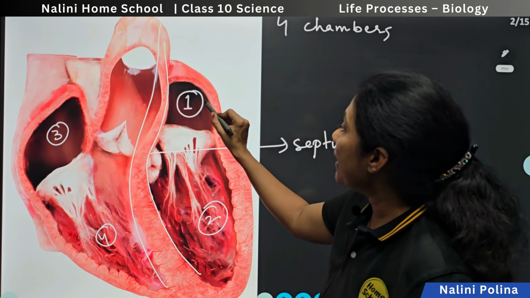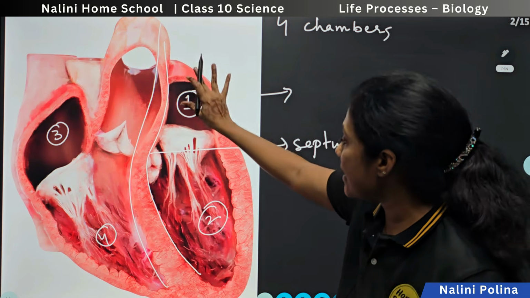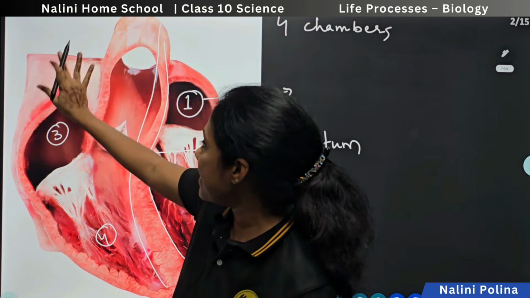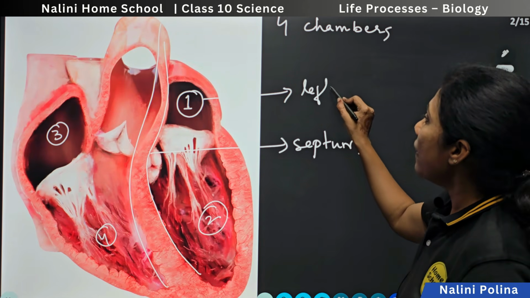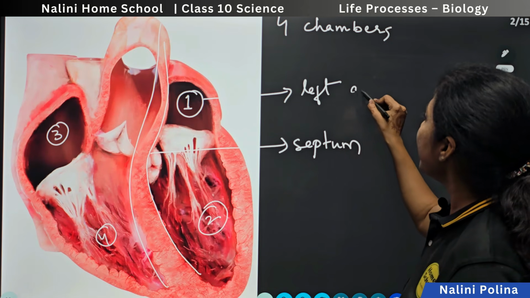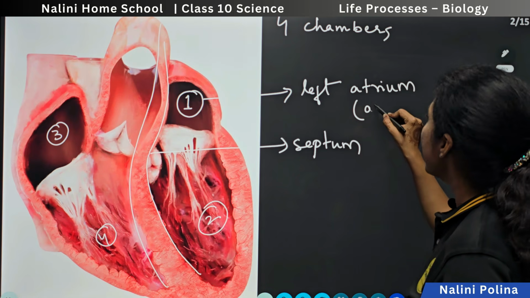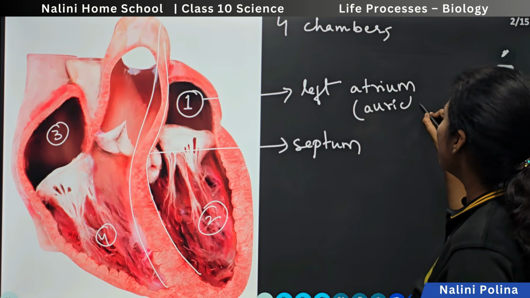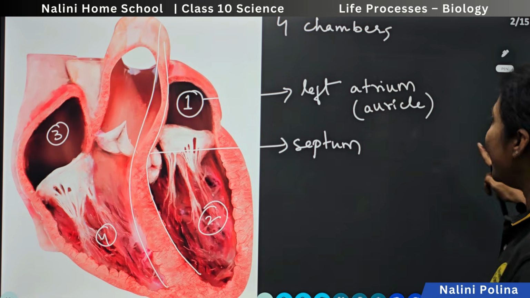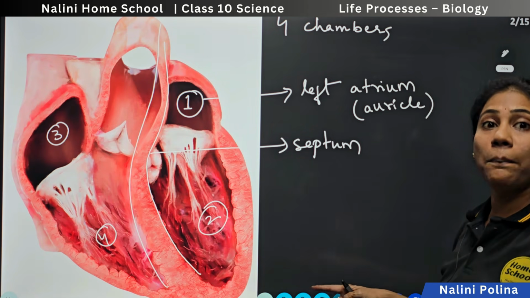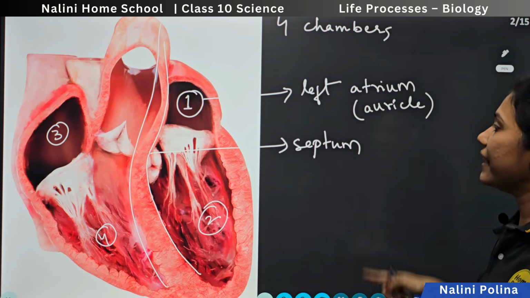The first chamber, on the left side of the heart, is called the left atrium, or you can also call it the left auricle. Some people say auricles, some people say atria. Atria is the plural, but the singular word is atrium. So this is the left atrium, guys.